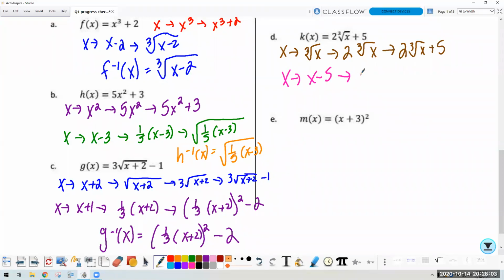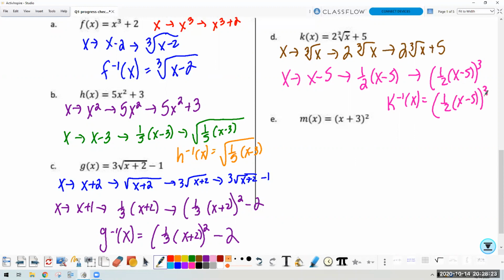To undo multiply by 2, I multiply by 1/2. To undo cube root, I'm going to cube this entire quantity. So my k inverse of x equation is 1/2 x minus 5 all cubed.